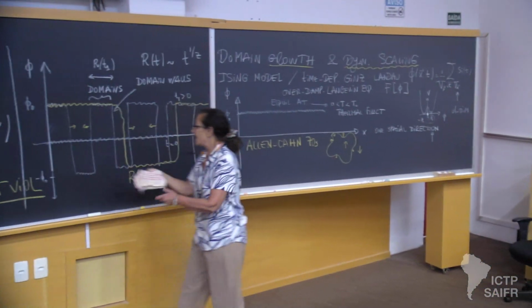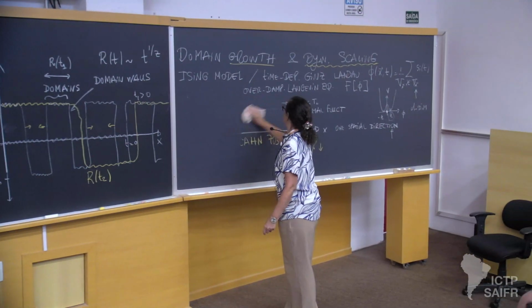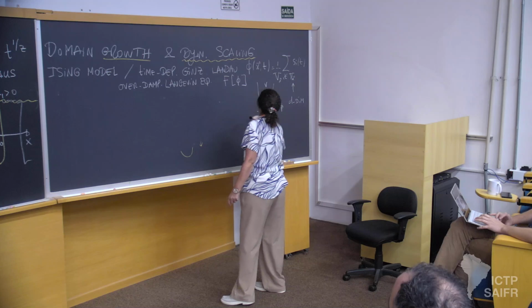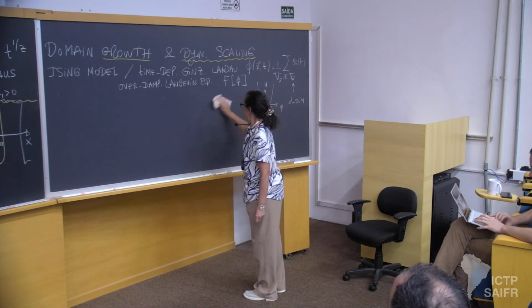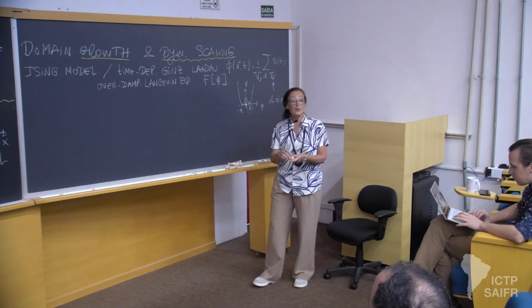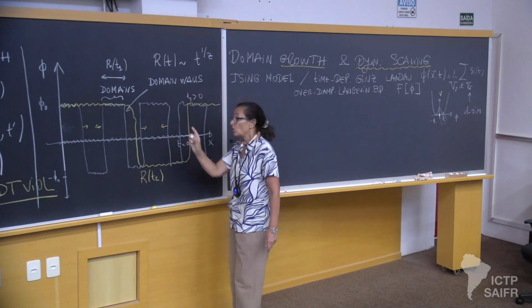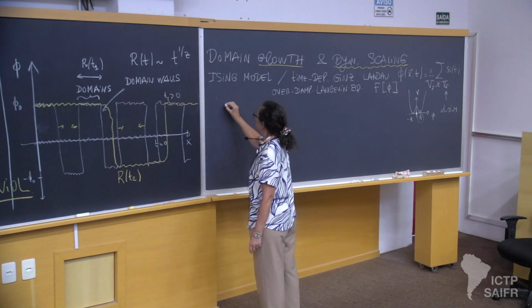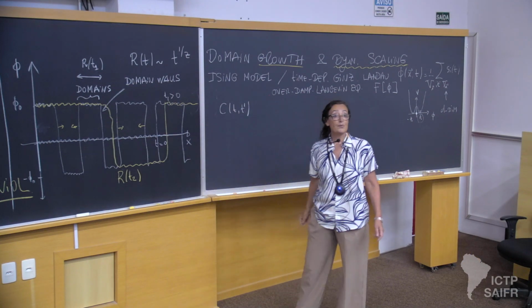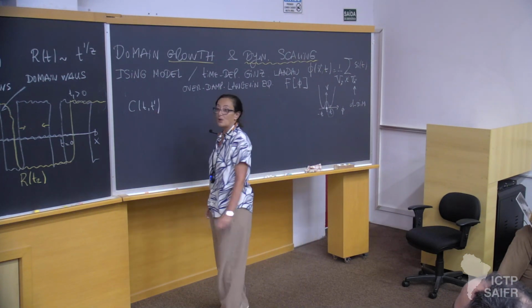The assumption is that whatever you measure in these problems, which are driven by domains which grow, can be scaled in such a way that times appear only through this R of T. So what do I mean? Imagine that you want to compute the correlation functions I was talking about before. So you compute this C of R, t and t prime.